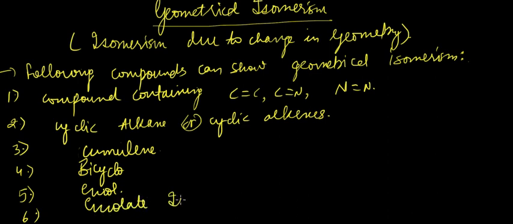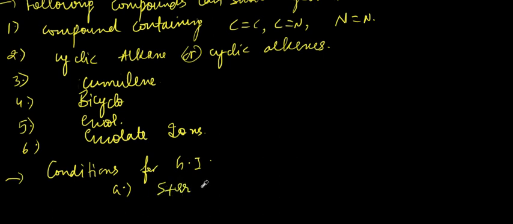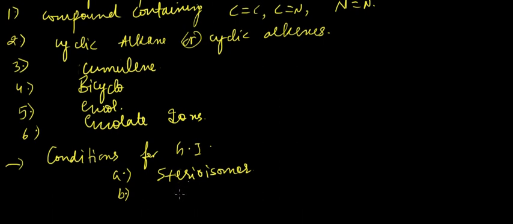We'll be talking about enol and enolate ions in a short while, but before that, let us start with the conditions required for compounds to show geometrical isomerism. The conditions are: A, they have to be stereoisomers first. B, the rotation across the bond has to be restricted.